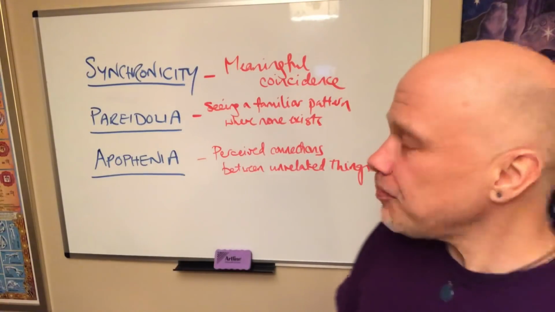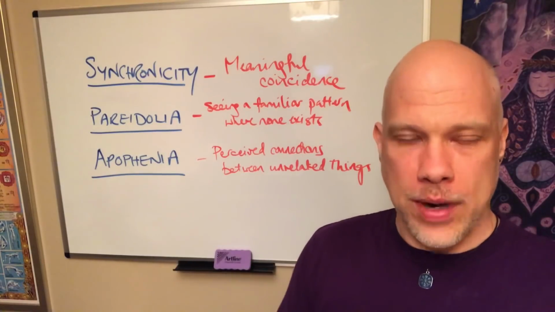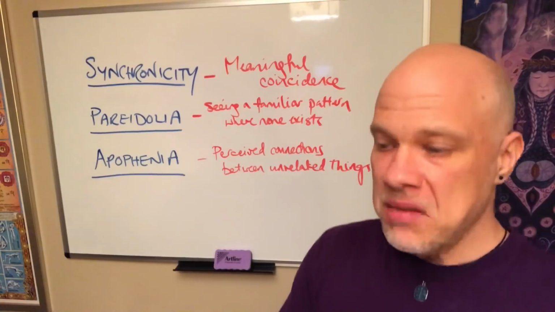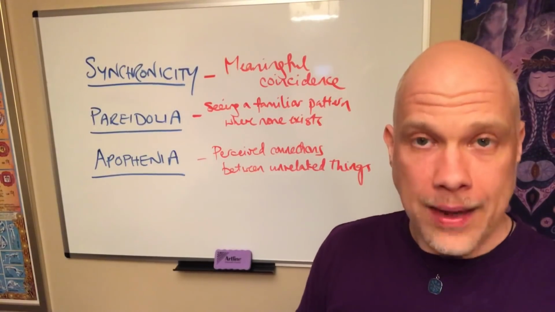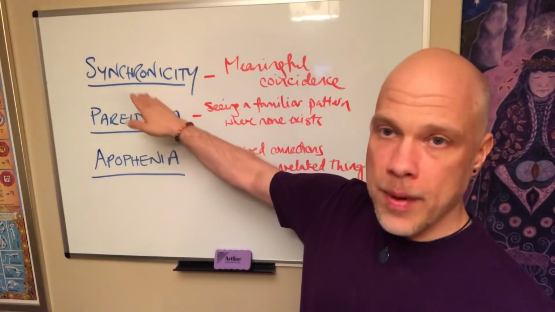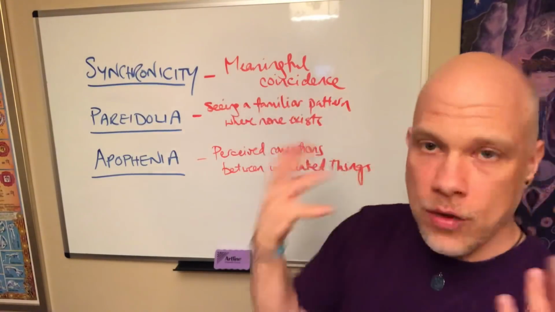So for me, the idea that there is meaningful connection between things within this wonderful, strange, mysterious universe isn't all that odd in my mind. And that, of course, relates to the principle that Jung spoke about of synchronicity, the idea that there is or can be meaningful coincidence between unrelated things.